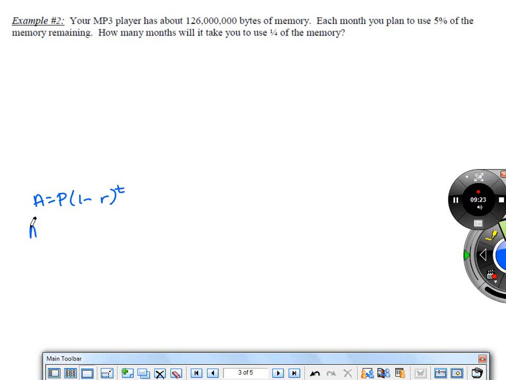And our starting or principal amount would be the 126 million, and the rate that it's depreciating would be 5% each month. Okay? And the question is, when would you reach a quarter of it? So you could figure out a quarter of 126 million.